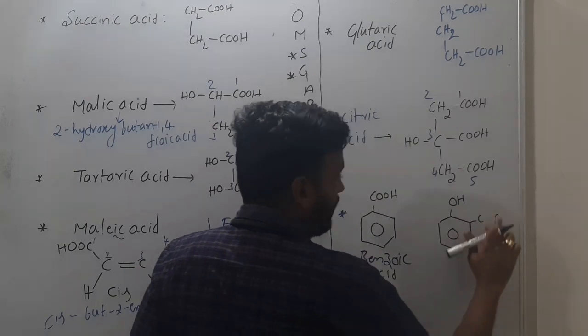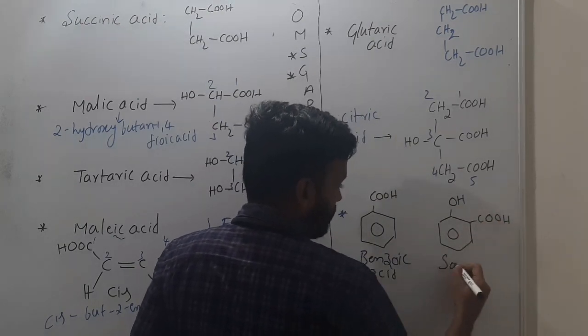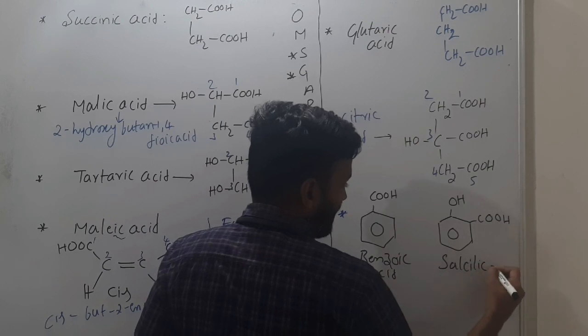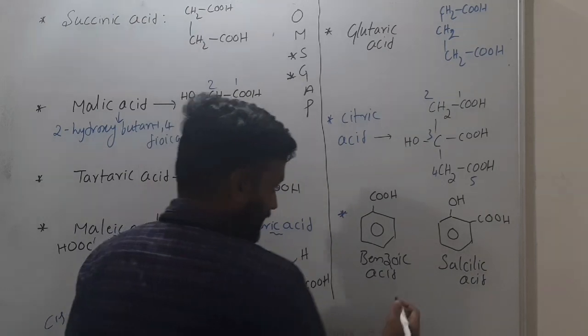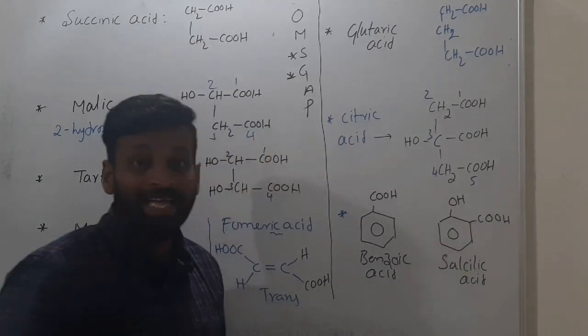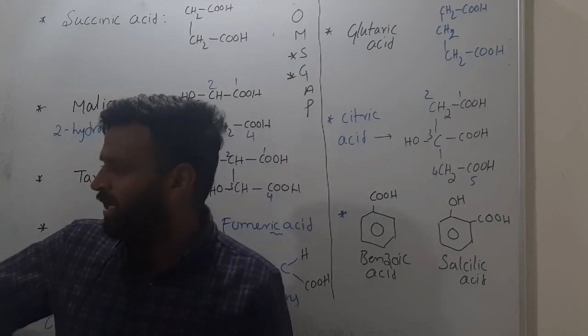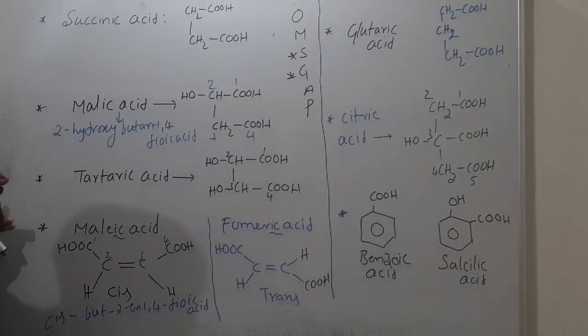So instead of aldehyde group, if you have COOH, that is called salicylic acid. What is that? Salicylic acid. The same, two COOH groups is there, that is called phthalic acid. Okay, so I will give you at the time of aromatic also. So please take a screenshot or else pause the video and write down this.